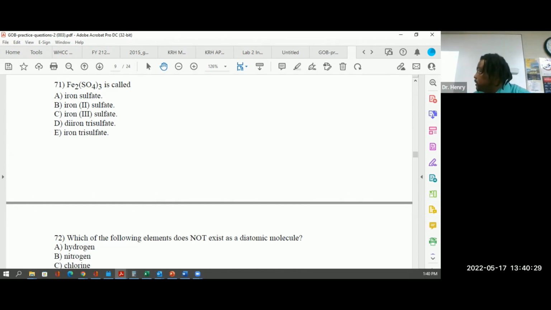Because we know sulfate has a -2 charge. So that means that the iron has to have a +3 charge. So it has to be iron 3 sulfate.